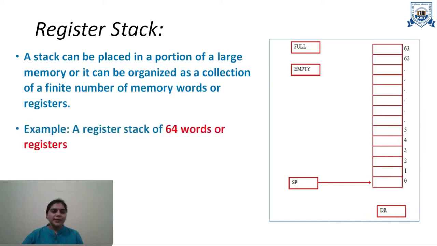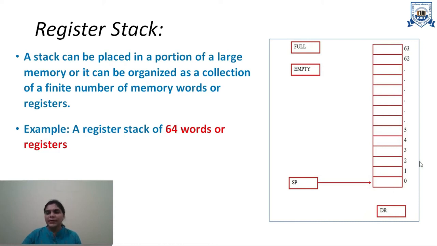For example, here a register stack of 64 words or registers has been shown in this figure. For the register stack, we have taken 64 registers, starting from register 0 to register 63.